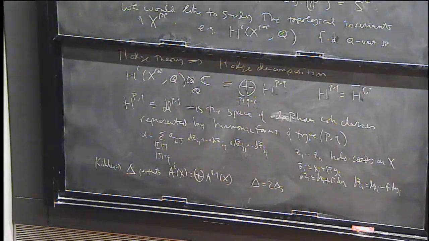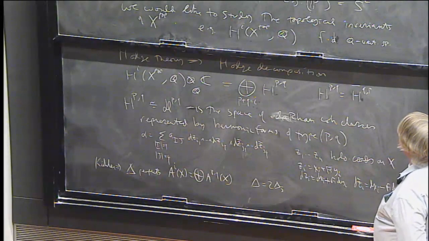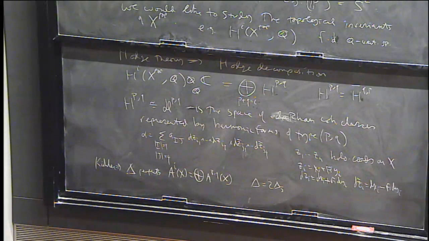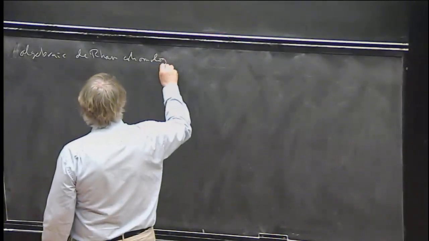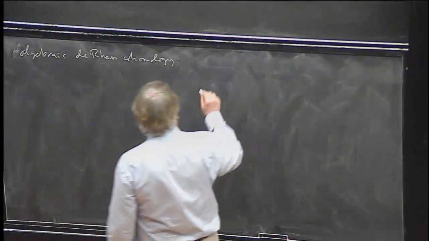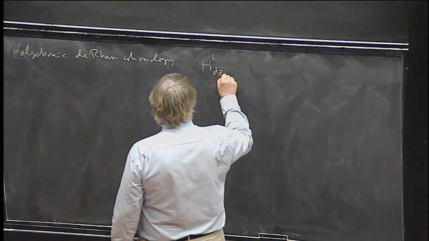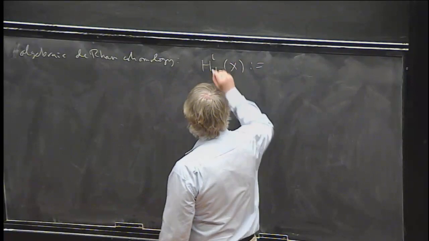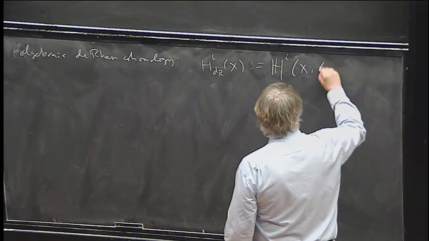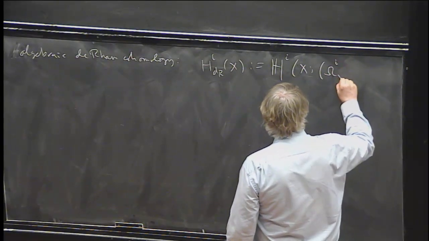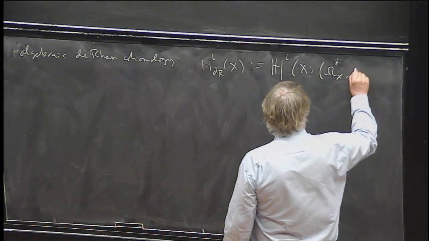Now we have a couple of other ways of expressing the Hodge structure, expressing the cohomology. We have what's called algebraic de Rham cohomology, which we'll call H^i_dR of X. This is defined to be the hypercohomology of X with coefficients in the complex omega dot X with the differential.